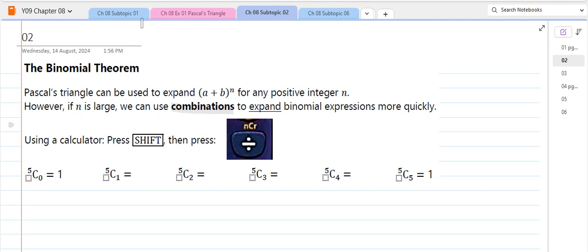For example, if you are tapping down 5 combination 0, I will call it combination for this video.